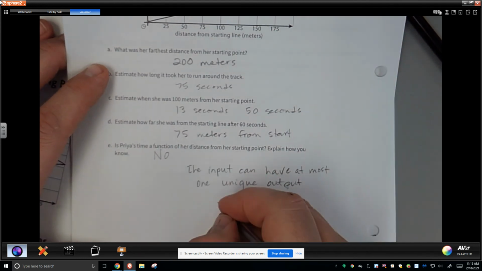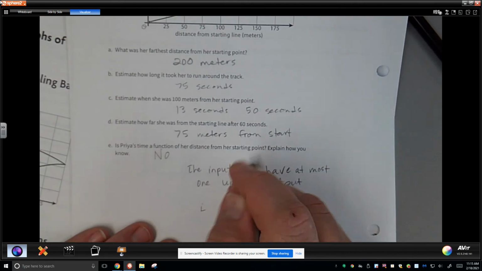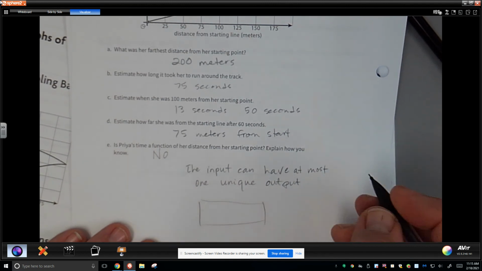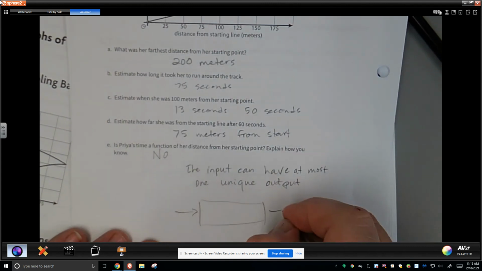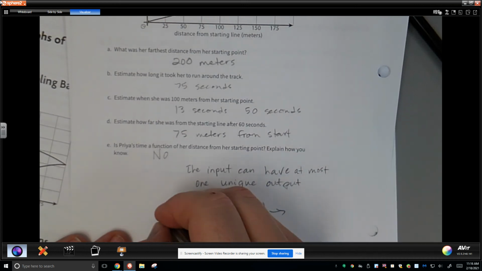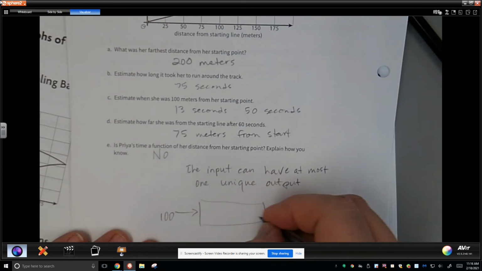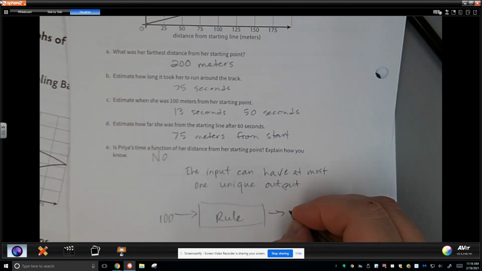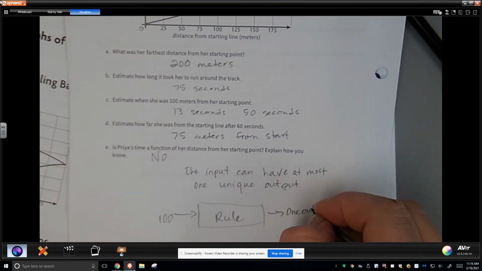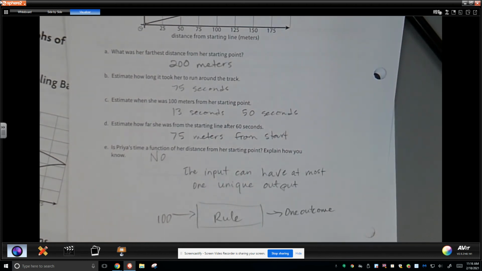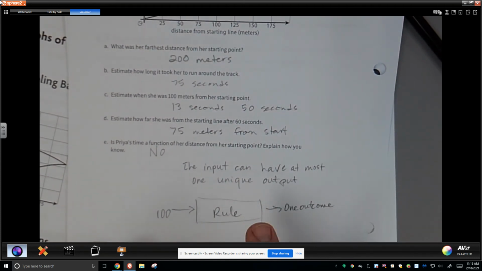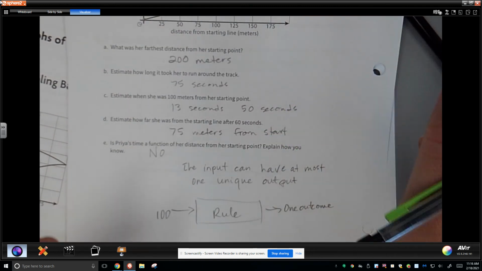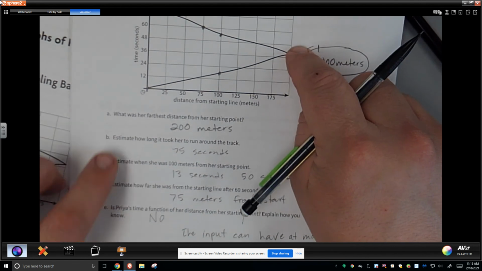What that means is that the inputs, think about the function machines that we've been doing. If this is the function machine, her input coming to her output, there's an input of 100. But the problem is that output has to follow a certain rule, and that rule can only have one outcome. There's only one possible way to make this rule true. And so when we talk about that rule, from 0 to 200 meters, that's one aspect of it.